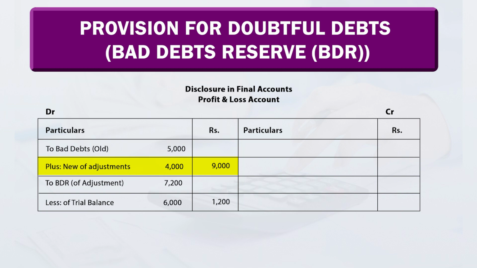So, total bad debts of the year is 9,000 rupees. Friends, BDR we are required to have is 7,200 and BDR we already have is 6,000 rupees. So, only 1,200 we have to create during the current year, and that is why it is disclosed at the debit side of the profit and loss account.